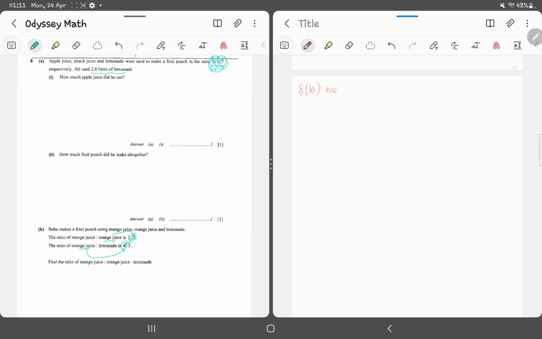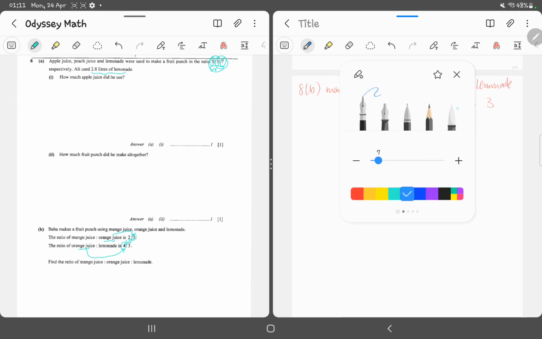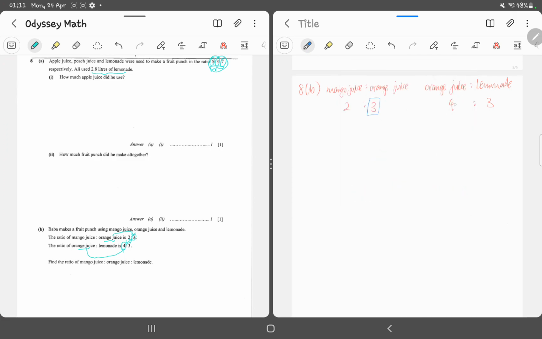So the ratio of mango juice to orange juice is 2:3, and then there's another ratio. There'll be the ratio of the orange juice to lemonade is 4:3. So the objective is to make this number and this number the same.